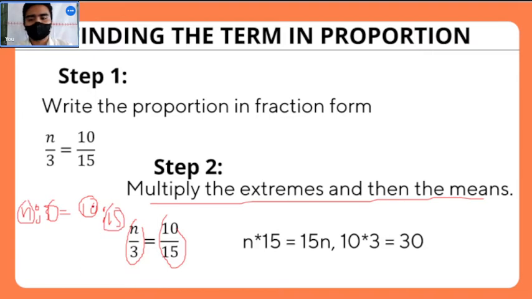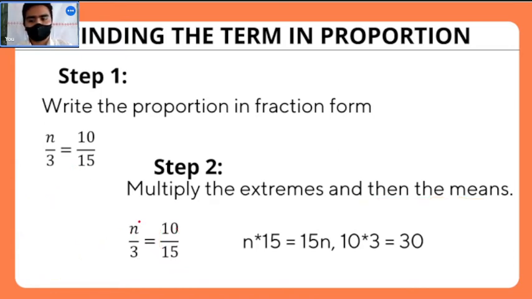In this case, we are going to multiply 3 by 10 and n by 15. It's just like we are going to multiply the extremes, and this is our means.